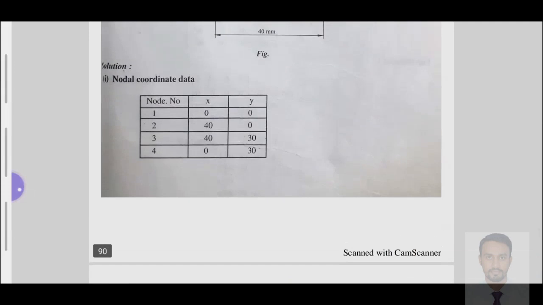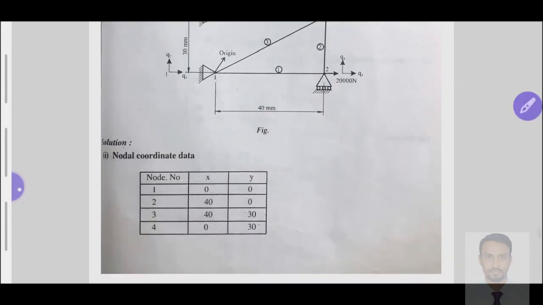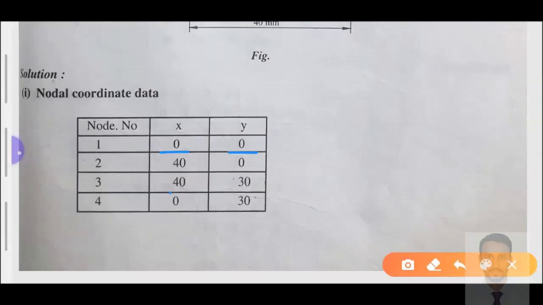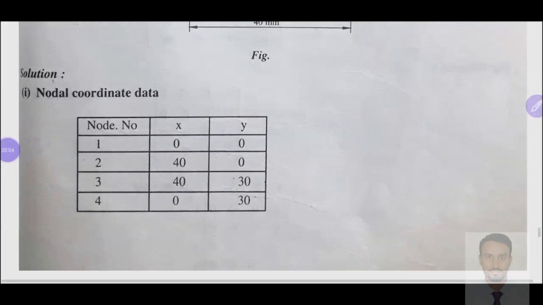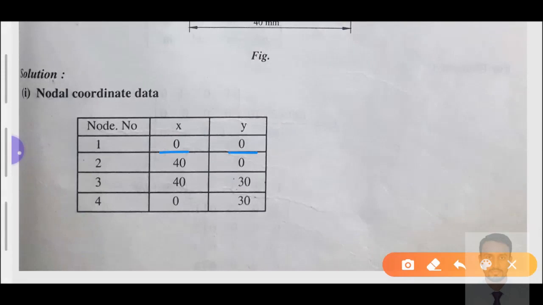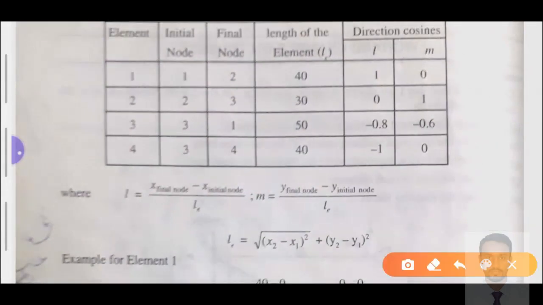So what are the x1, y1 values? The initial node value is 40 and 30, and the final node value is 0 and 0. Element number 3 starts from node number 3 and ends at node number 1. So we take the coordinate values at node number 3 as the initial and the coordinate values at node number 1 as the final.